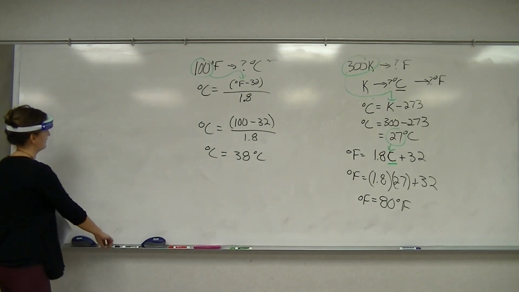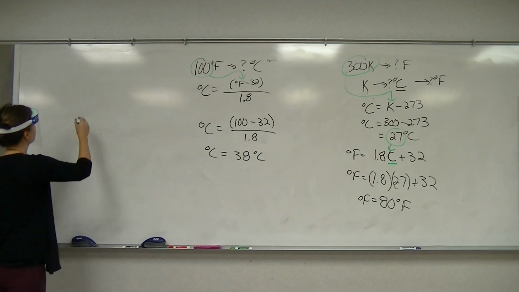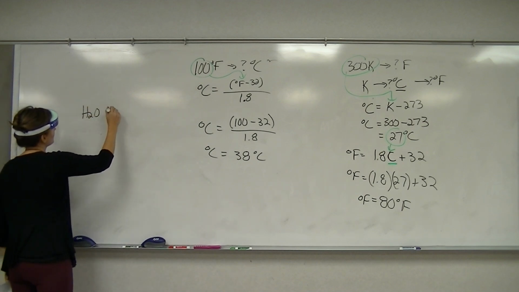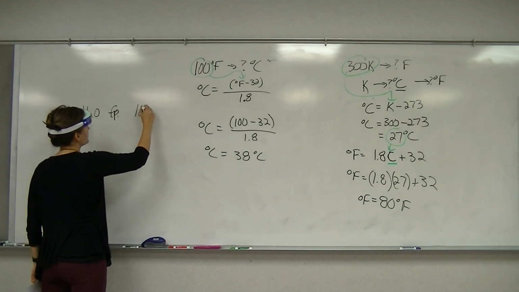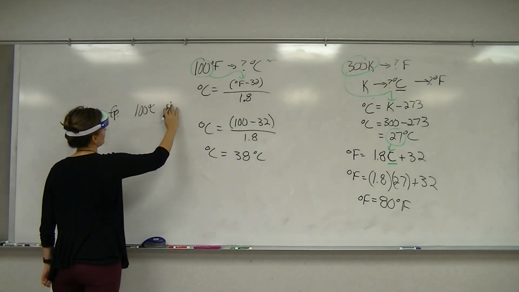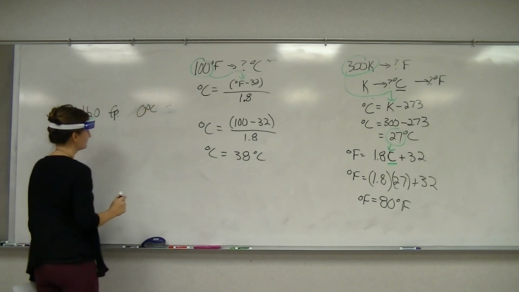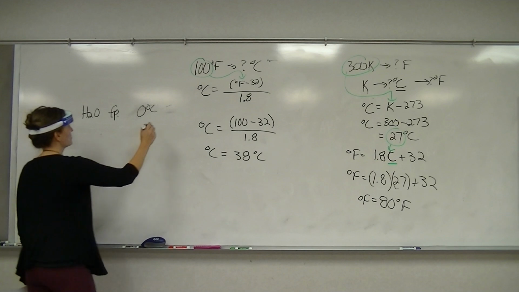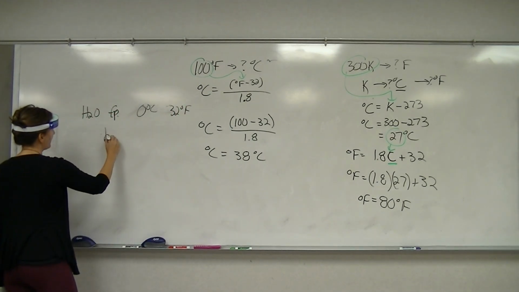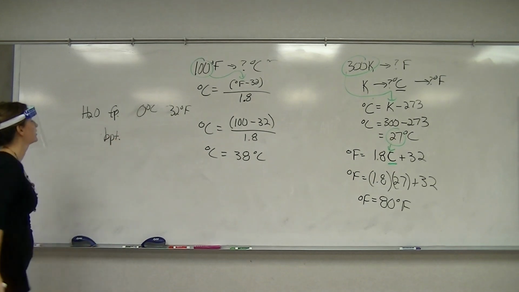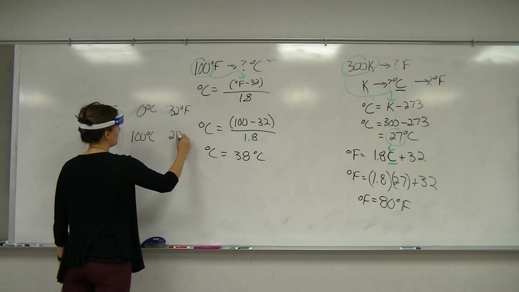For instance, water freezes at 0 degrees Celsius, which is 32 degrees Fahrenheit. The boiling point of water is 100 degrees Celsius and 212 degrees Fahrenheit.